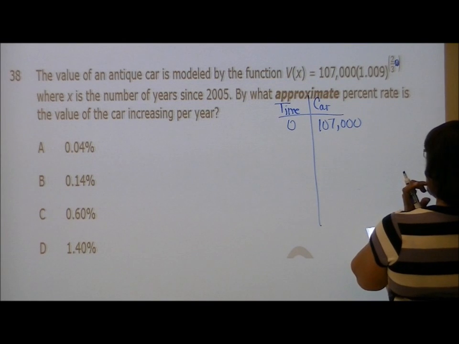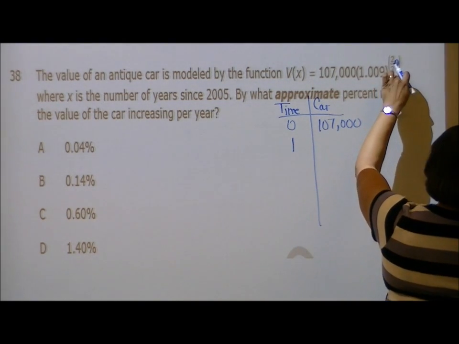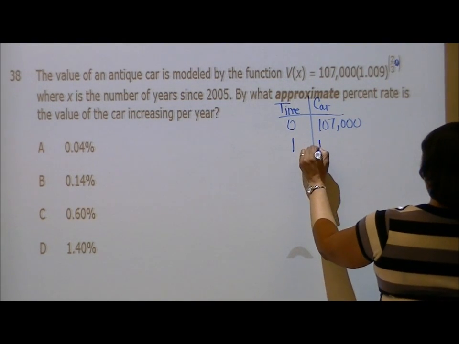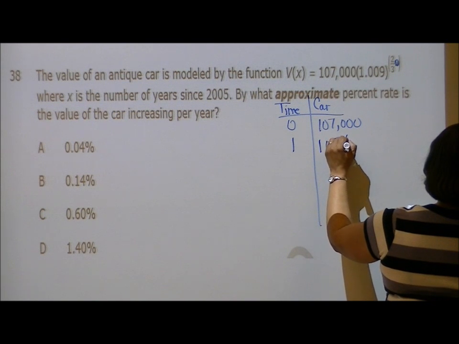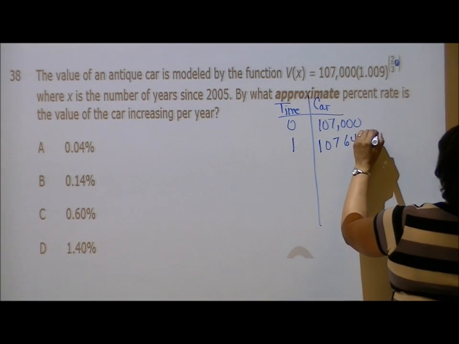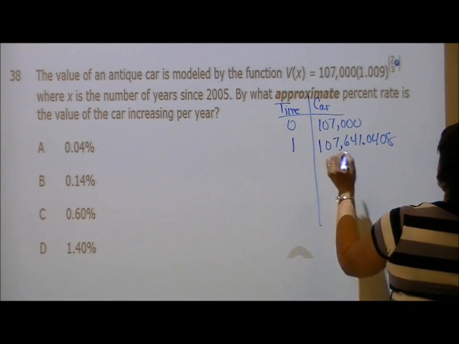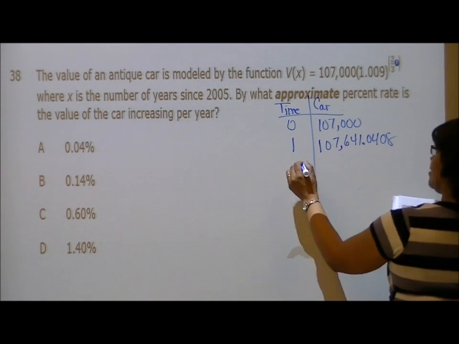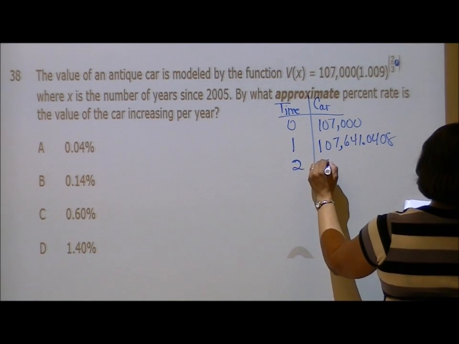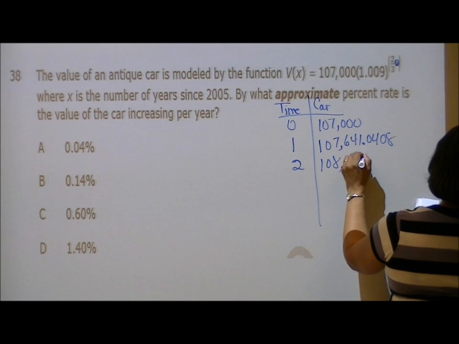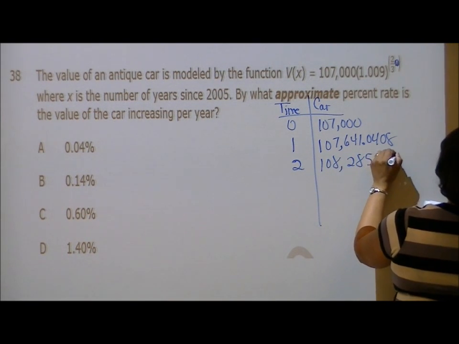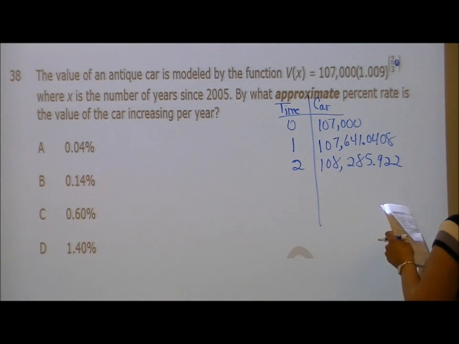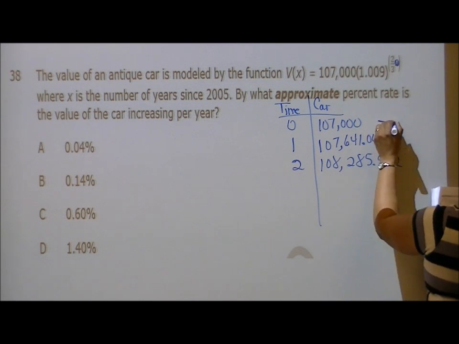Then you start kind of plugging in. If you plug in a 1 here, then this is what you're going to get, 107,641.0408. And if you plug in a 2, you're going to get 108,285.922. And then you start looking at the difference between here and here.